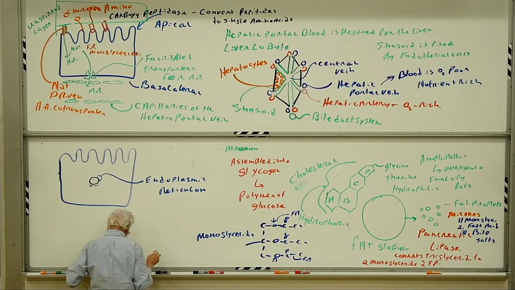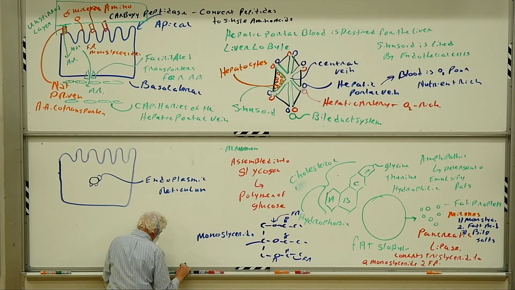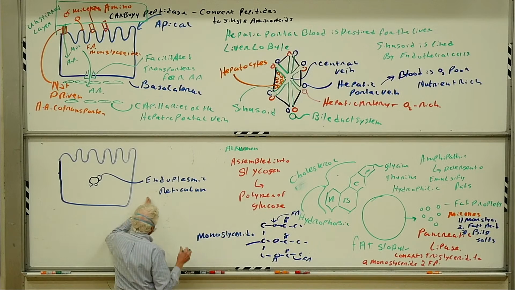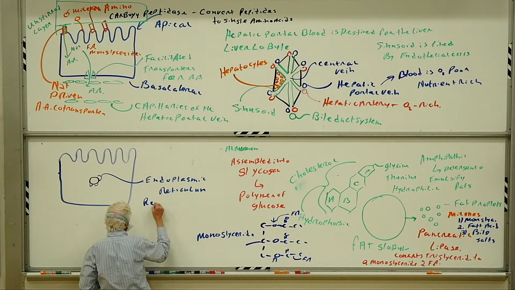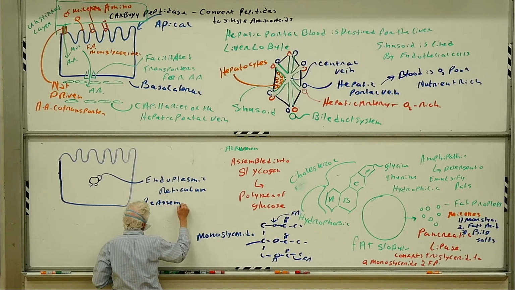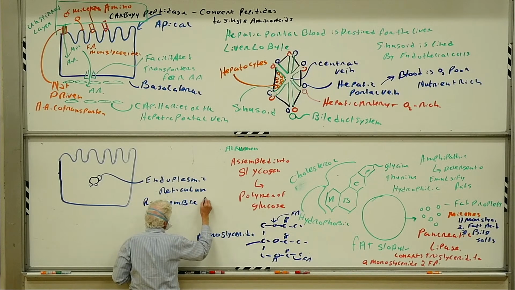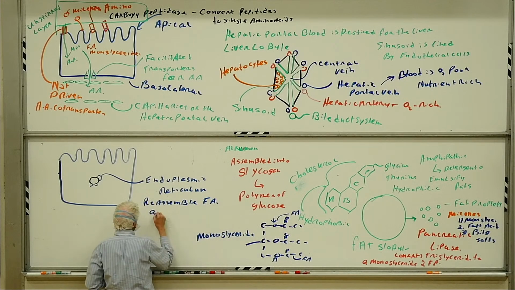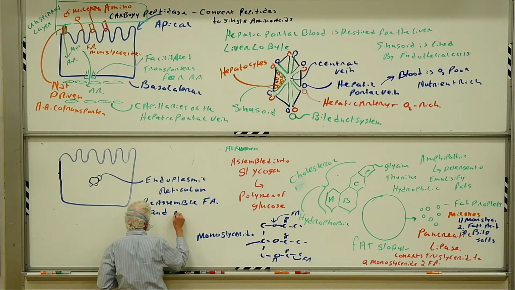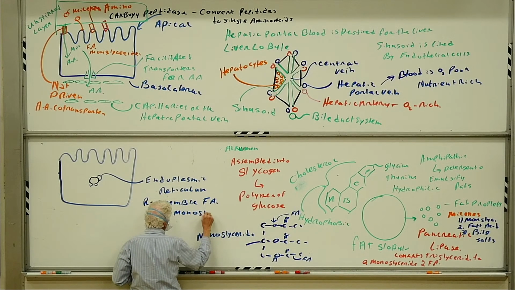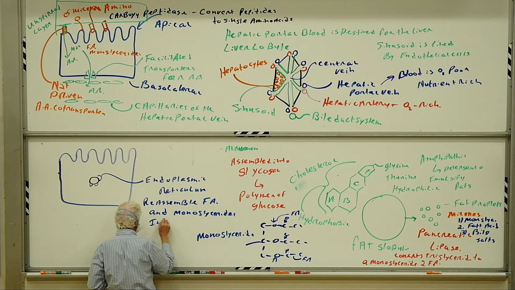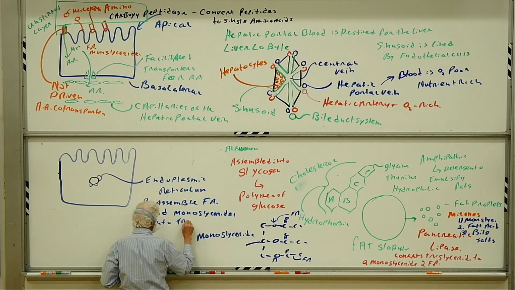Now, the endoplasmic reticulum has a particular job here. It's different than the endoplasmic reticulum functions we've seen earlier. And what the endoplasmic reticulum is going to do is reassemble fatty acids and glycerides into triglycerides.